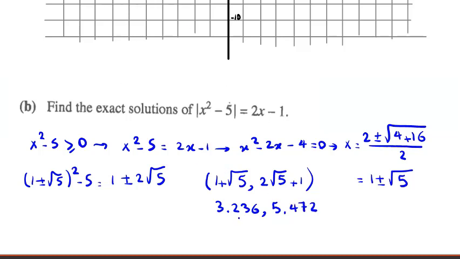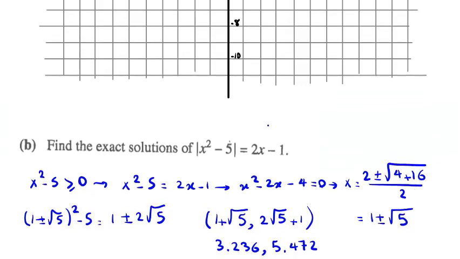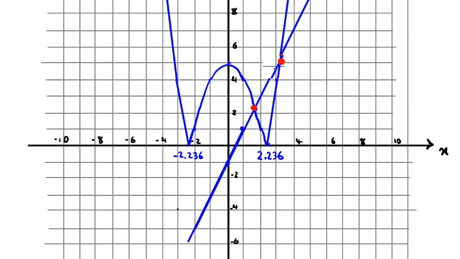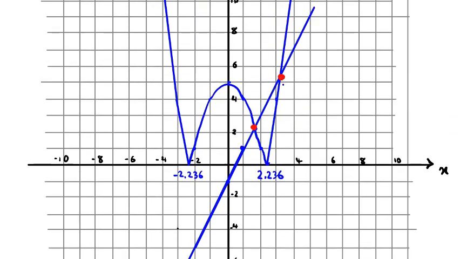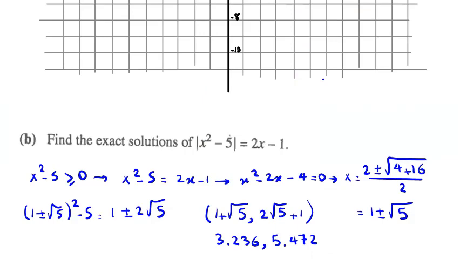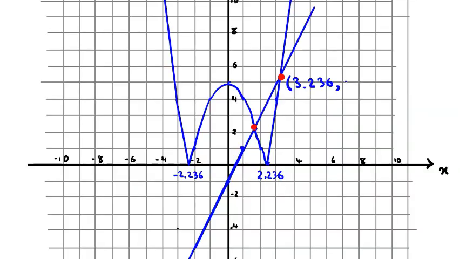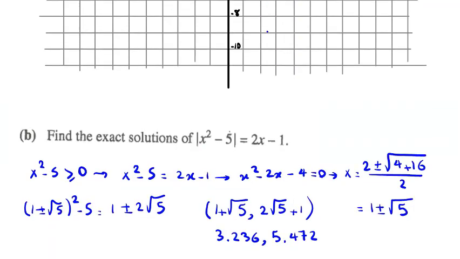Okay, so let me show it on the diagram. 3.236. Here we said x squared minus 5 positive. This one, 3.236 and 5.472. This is this intersection.